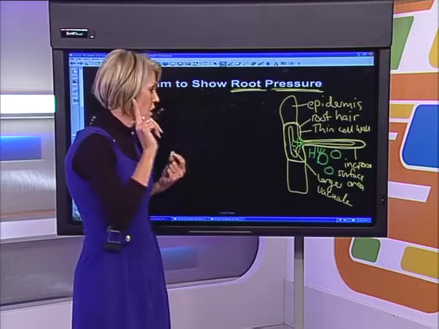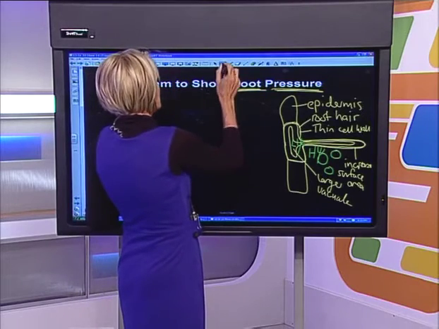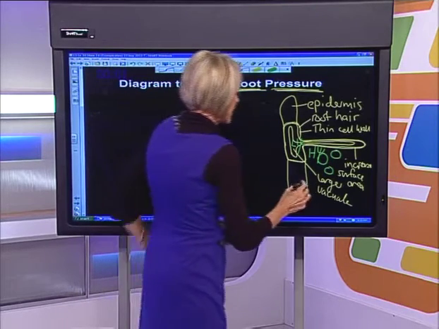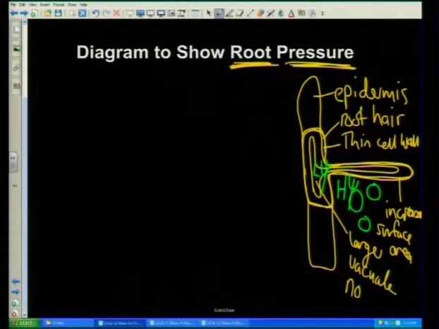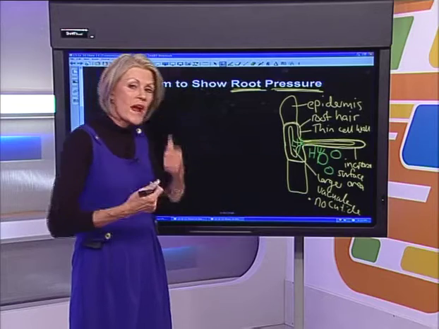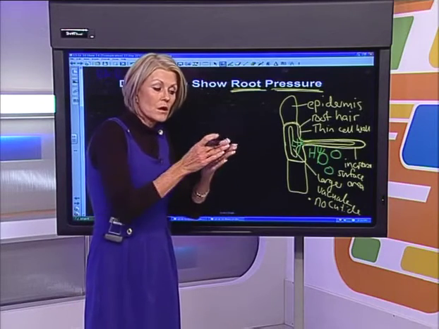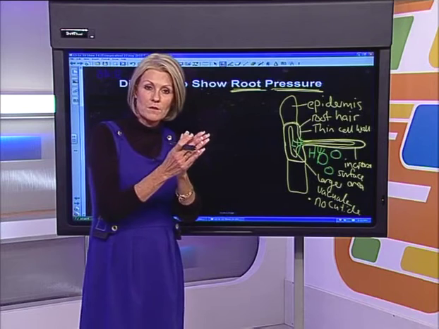And something else, the last little structure versus function that you must know about the root hair or your roots is that there is no cuticle. Why? Because a cuticle is waxy, and if it's waxy, its job is to stop water from moving backwards and forwards.